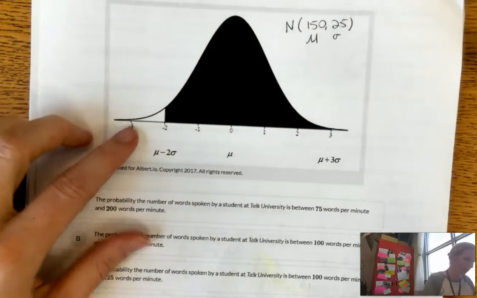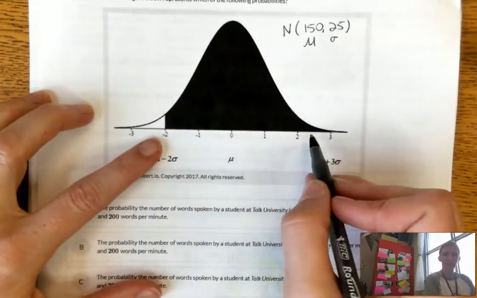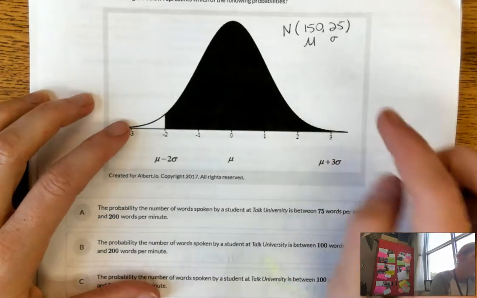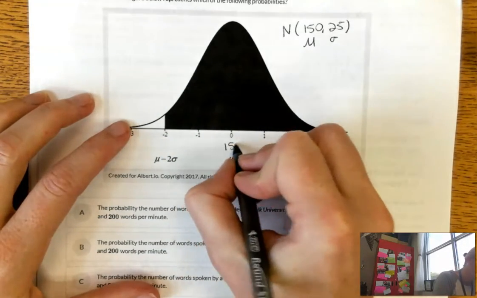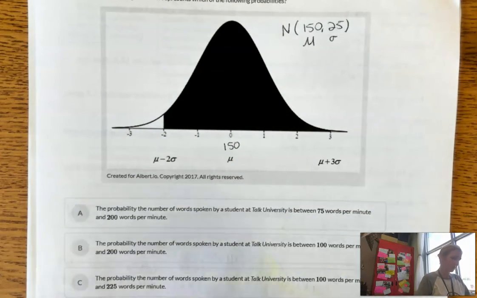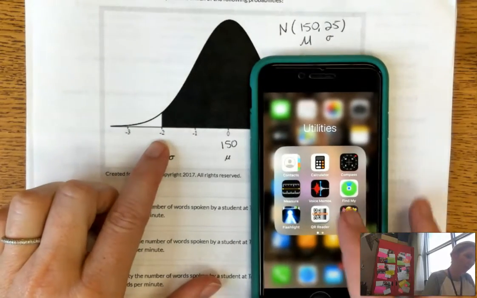All right, so the shaded area is between -2 standard deviations and 3 standard deviations. So let's go ahead and label what these numbers would be. So my mu is 150. So I'm going to take 150 and I'm going to subtract the standard deviation twice from it to get the starting value.